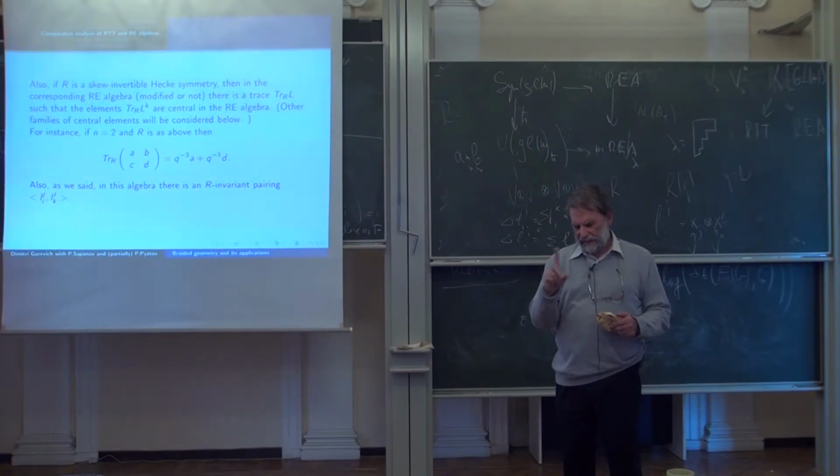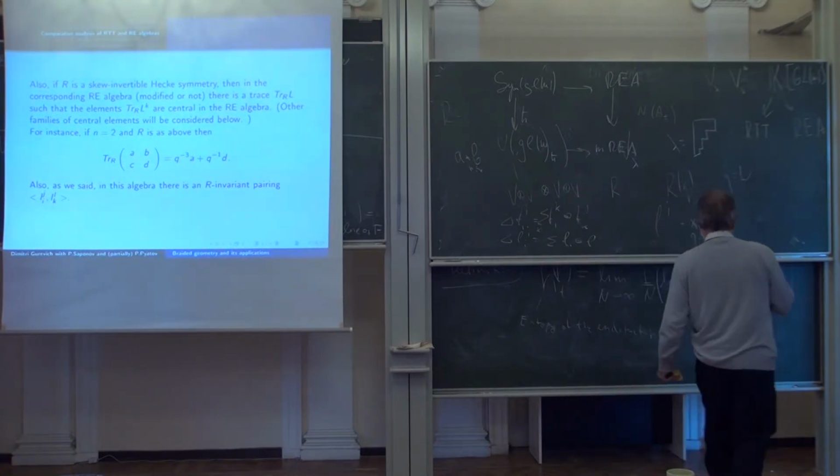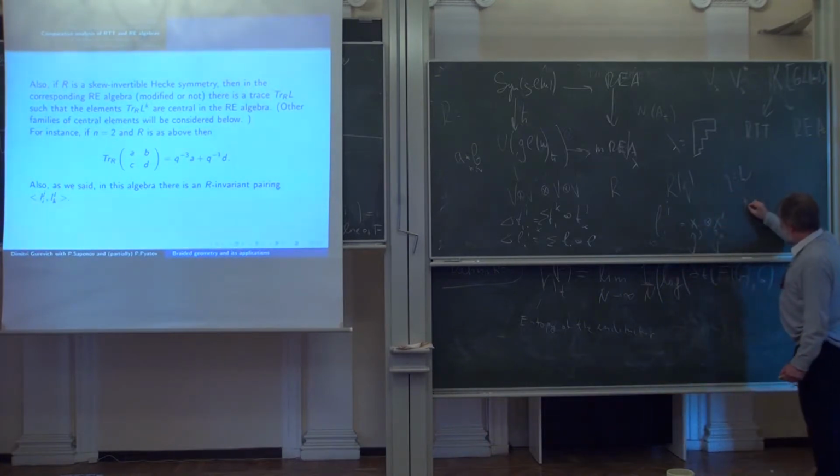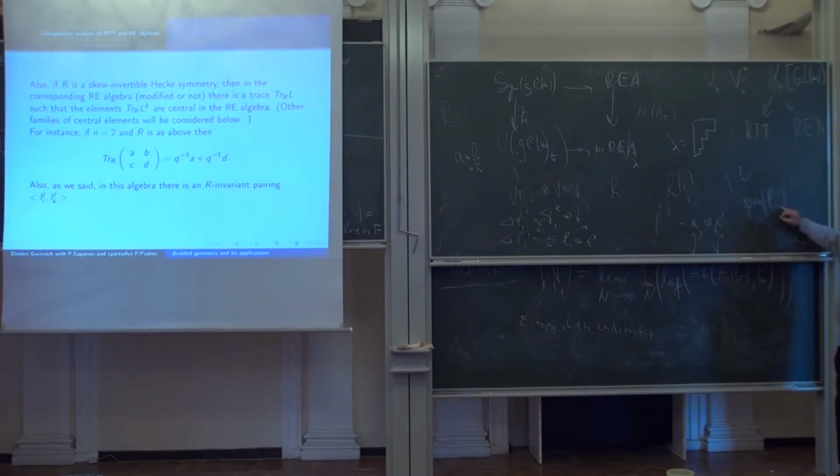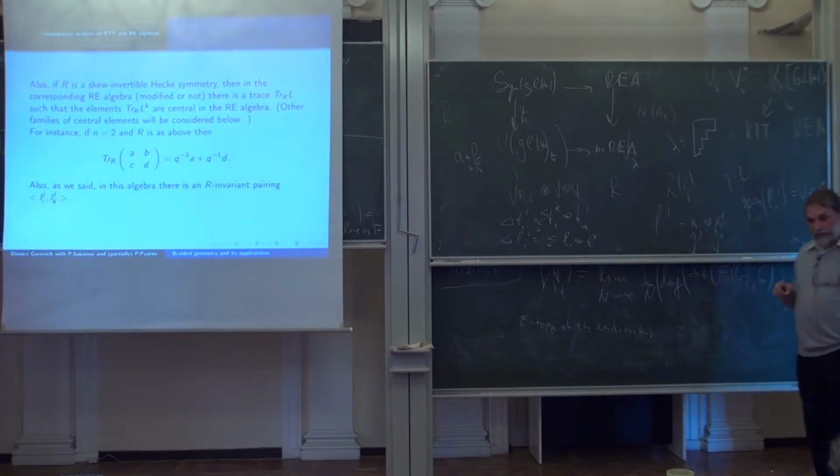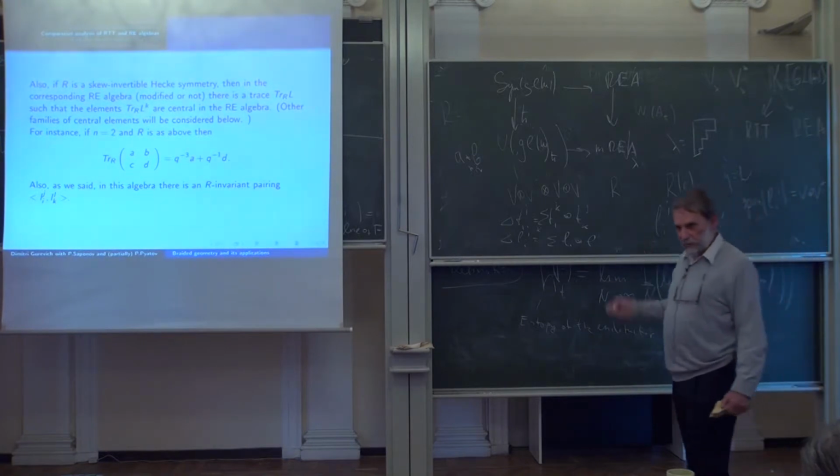The RTT algebra is not. So it's possible to do that: the span of L, the generators of the reflection equation algebra, is more or less V tensor product V star. And for the RTT algebra, it is not possible to present that.